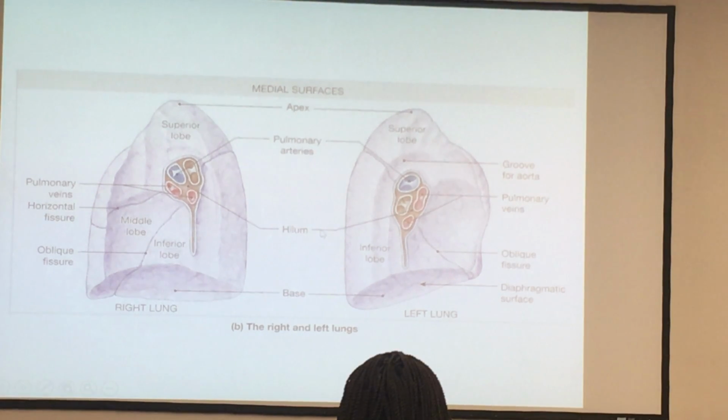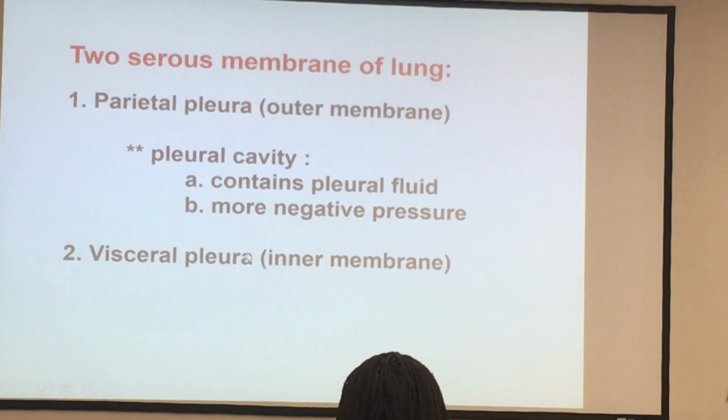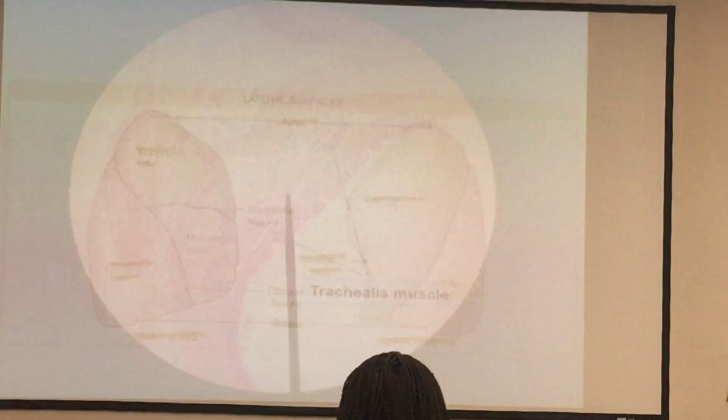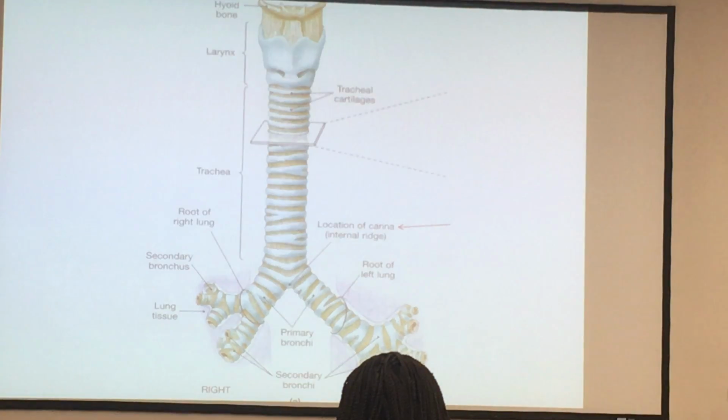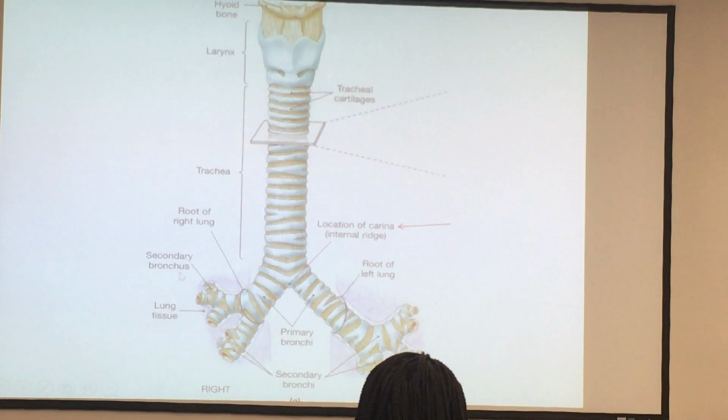Okay. All right, you don't need to worry about arteries and veins. Sometimes you cannot see very well. I have to go back to the other one to show you the secondary bronchi. On the right side, they should have 1, 2, 3. On the left side, they only have 2. I think later on I have a better slide to show you.